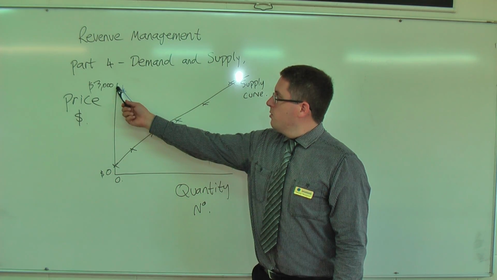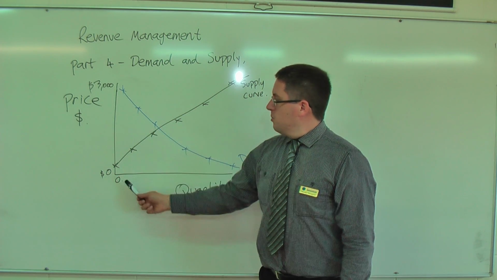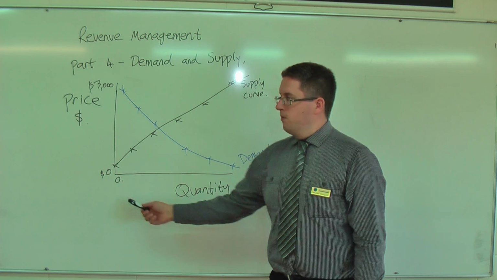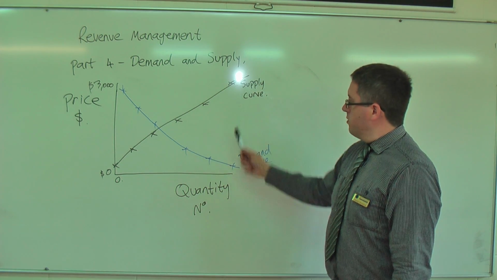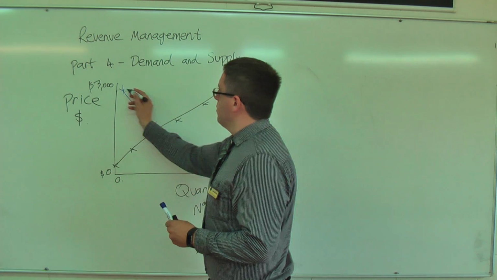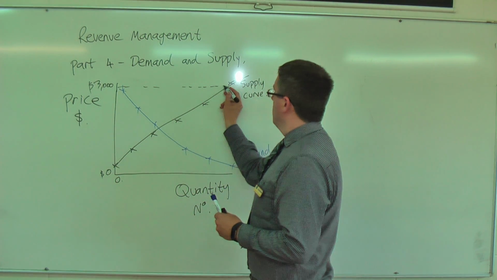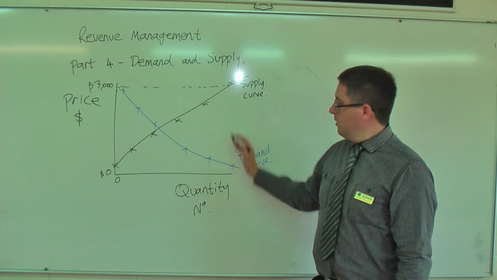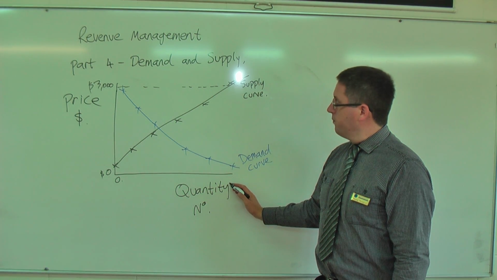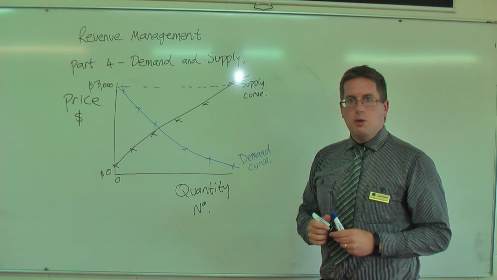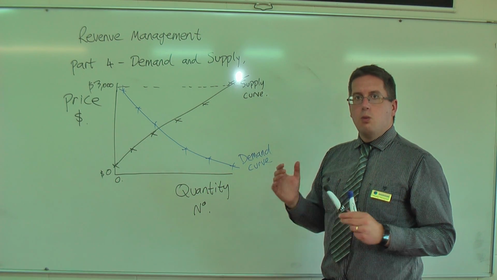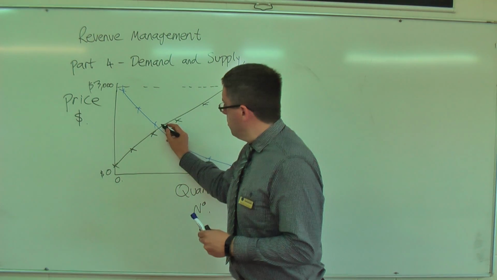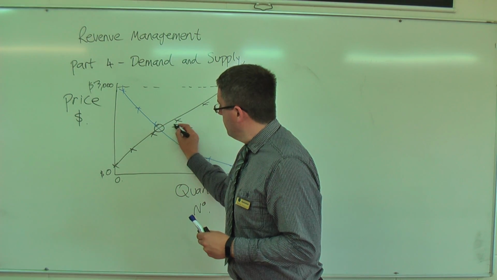At $3,000, customers don't want to. It's far too expensive. But at $3,000, at that same price point, Apple would love to make that much, make heaps of it. But that's not going to happen. And what happens is we want to look at the intersection between these two lines. This point right here.